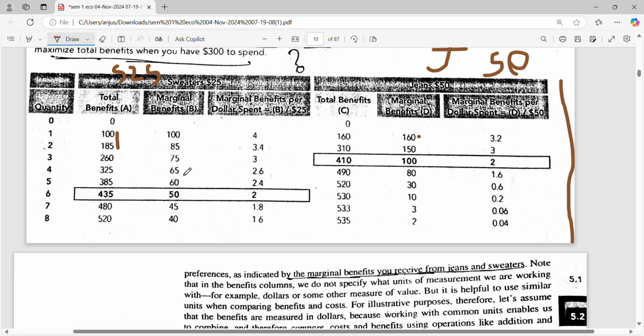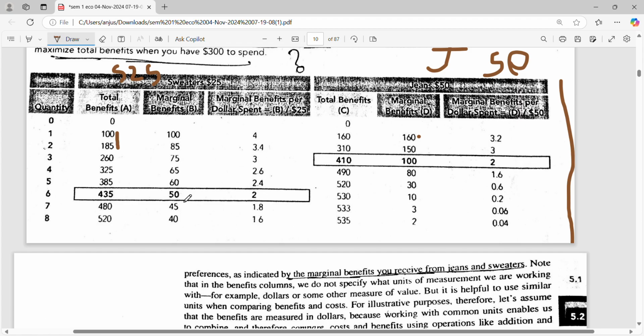Fourth, you also buy a sweater. It's 65, which compared to the jeans is better. So for the fifth, you buy a sweater, which is 60. Sixth, you also buy a sweater, which gives you a marginal benefit of 50.